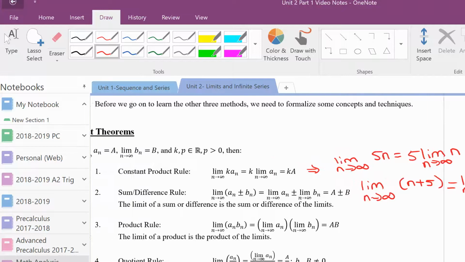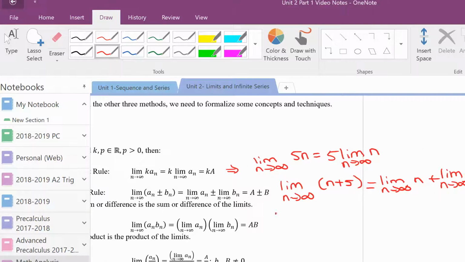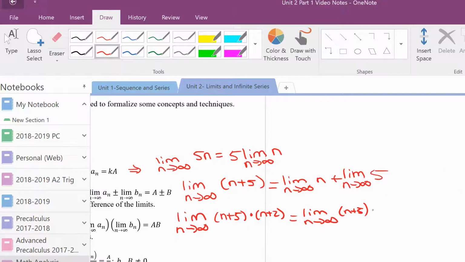And then the same thing could be said for the product rule. If you had the limit as n approaches infinity of n plus 5 times n plus 2, we could say it's the limit as n approaches infinity of n plus 5 times the limit as n approaches infinity of n plus 2.